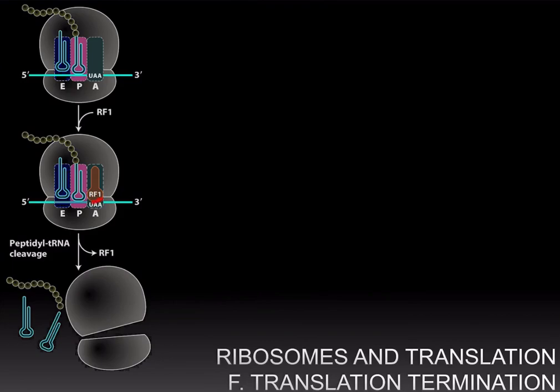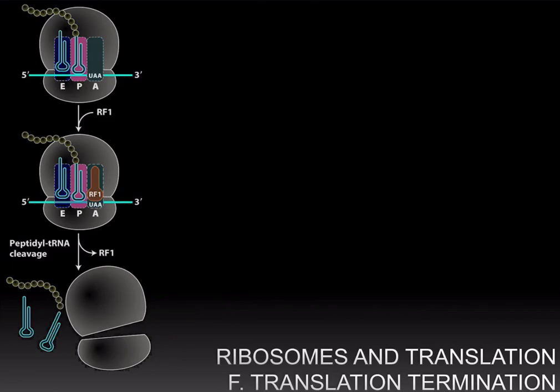So RF1 recognizes the stop codon UAA, and when that happens, the ribosome disassembles, and the uncharged tRNA is released, as well as the polypeptide chain and the tRNA that was in the P site of the ribosome.